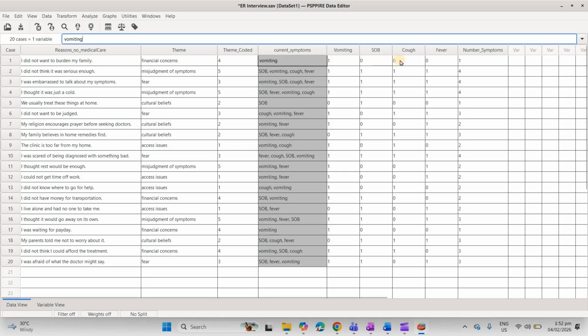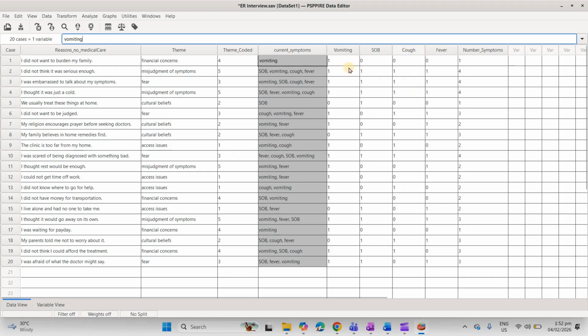The other symptoms were absent, so we assigned zeros. This next person had all 4, so they get a 1 for each of the symptoms. And if you look at this person that has only 2, vomiting and fever, then for vomiting they got 1, and for fever they got 1, but the others they got 0. Right? So 1 will indicate that the symptom is present or that option was selected. And you could do that for all of them.